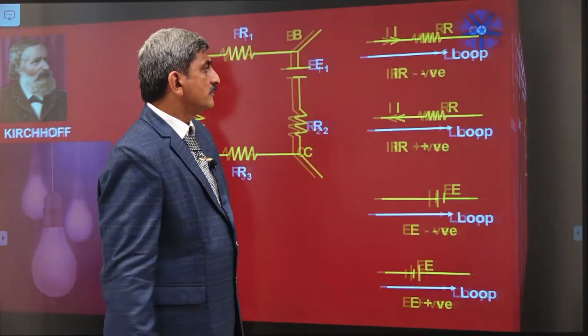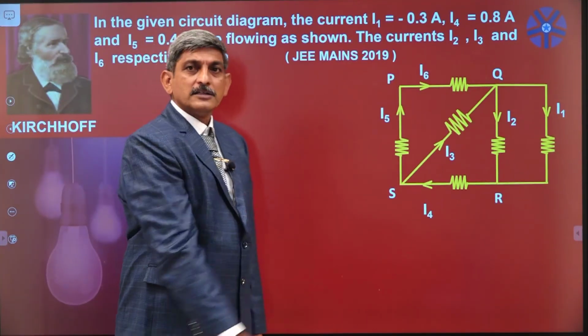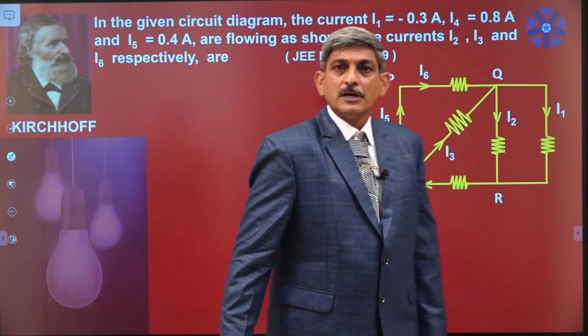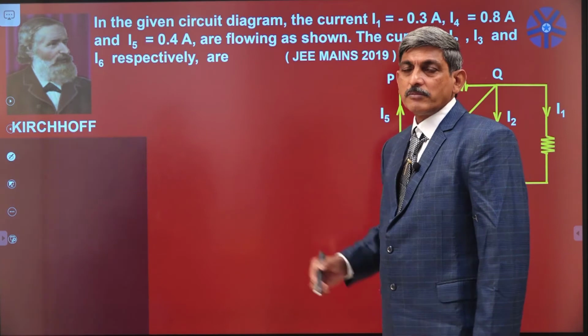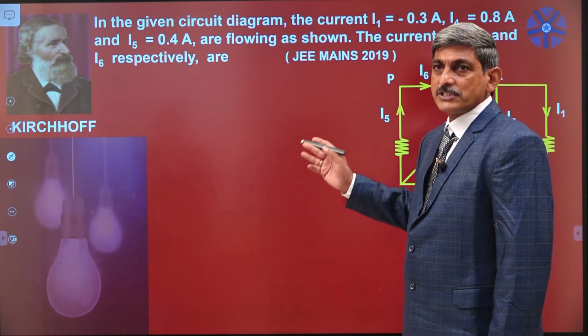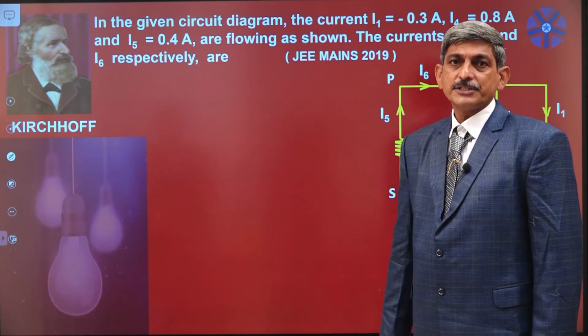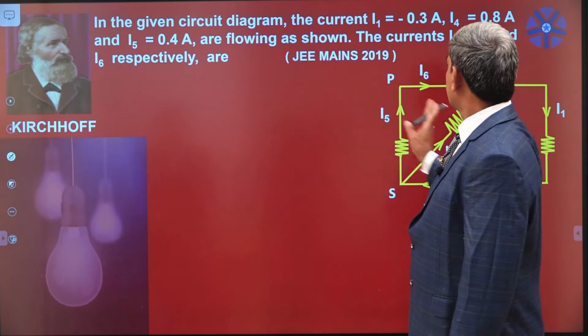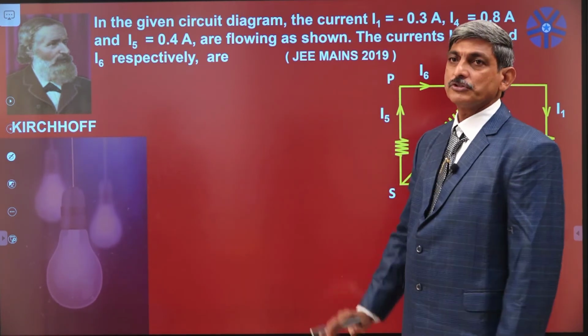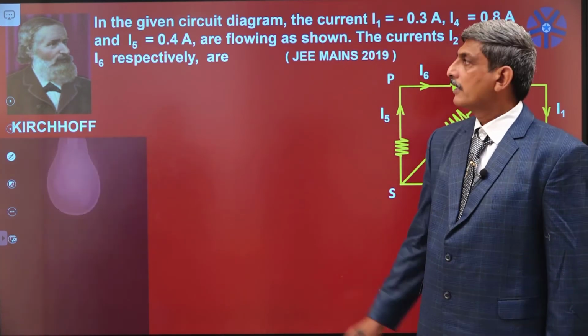Now, I am explaining some problems which were recently given in the examinations. It was given in the 2019 JEE Mains. See this problem.